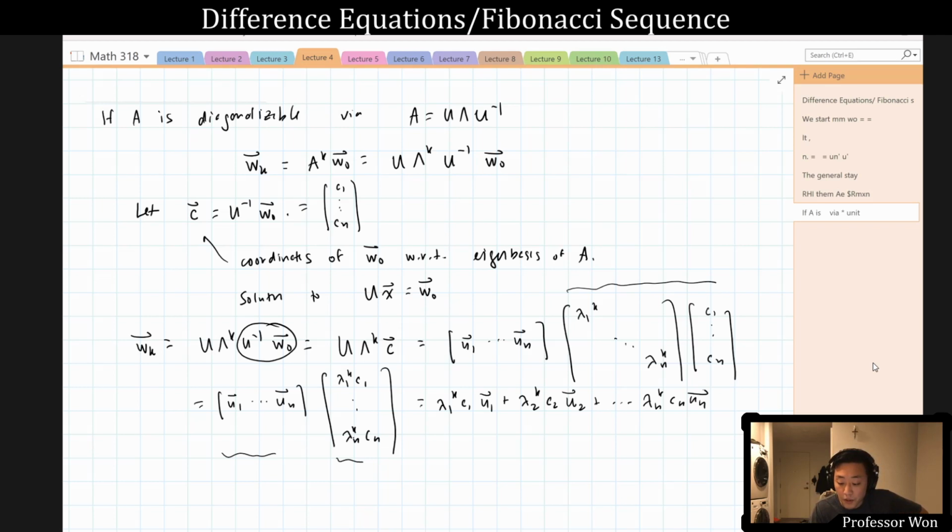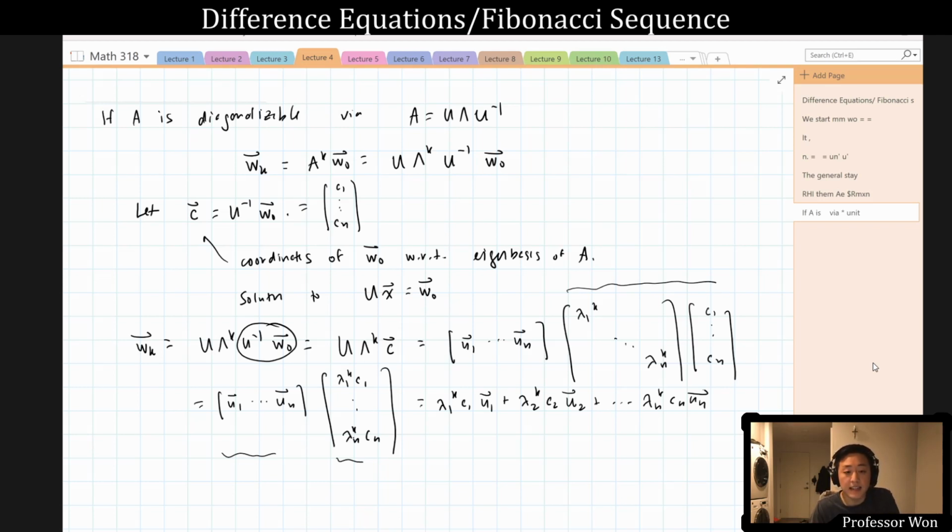Okay, well, what does this mean? Again, if I give you the matrix A and you can diagonalize it, you can find a basis of eigenvectors, and you can actually compute this vector C just by changing basis to the eigenbasis.